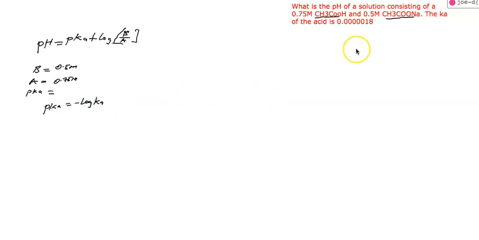Now, we've been given Ka as 1.8 times 10 to the power minus 5. So we can go ahead and plug this in.